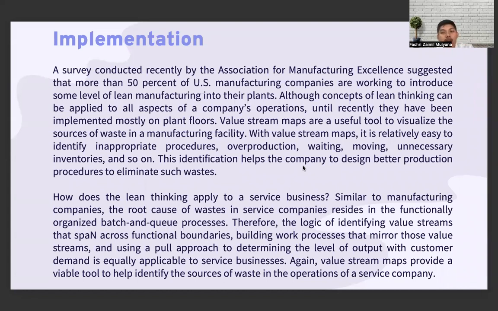Value stream maps are a useful tool to visualize the sources of waste in the manufacturing facility. With value stream maps, it is relatively easy to identify inappropriate procedures, overproduction, waiting, moving, unnecessary inventories, and so on. This identification helps the company to design better production procedures to eliminate such wastes.